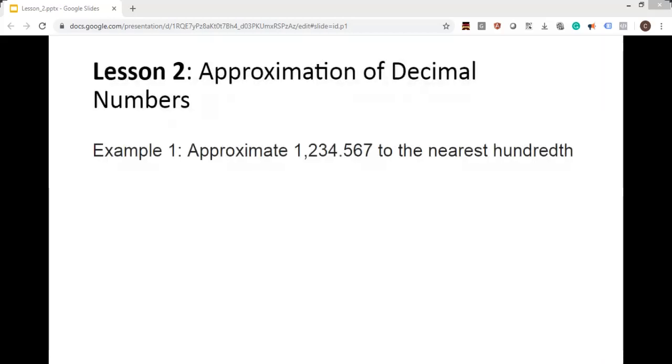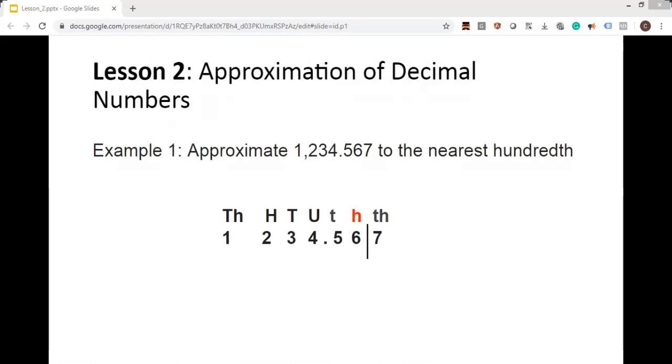Let's look at some examples. Approximate 1,234.567 to the nearest 100. So the nearest 100 implies we want to approximate the number 6.